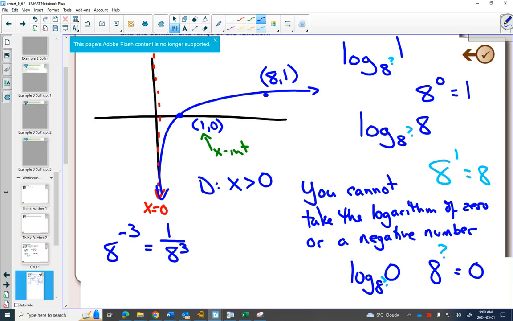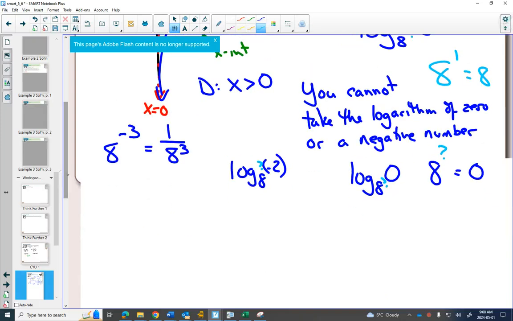You can also never take the logarithm of a negative number. Why? Well, let's try. Log base 8 of negative 2. Again, this is asking, put that question mark in there, if I can make a power equal to a negative number.